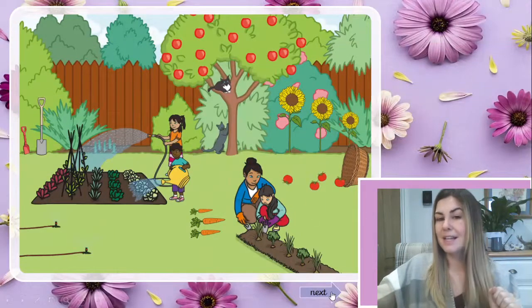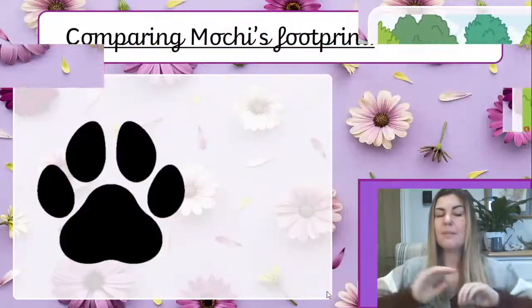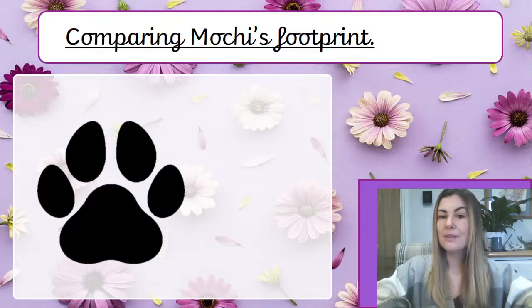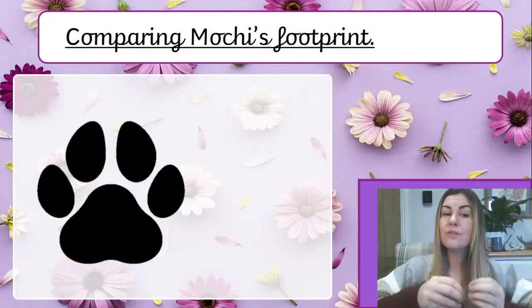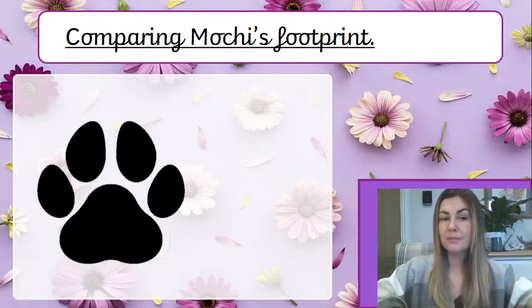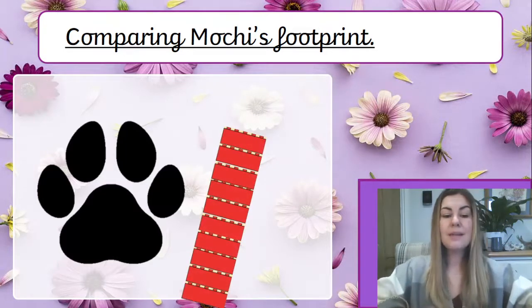Now, just like yesterday, I wanted to do some measuring and comparing. So yesterday I measured how tall Mochi was. Today I'm measuring his footprint. And I found a couple of things around the house that I can use to compare and see which is taller and which is smaller. So the first thing I found was some Lego.